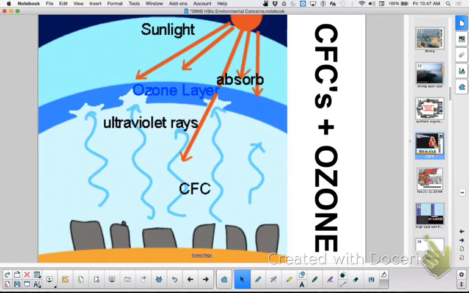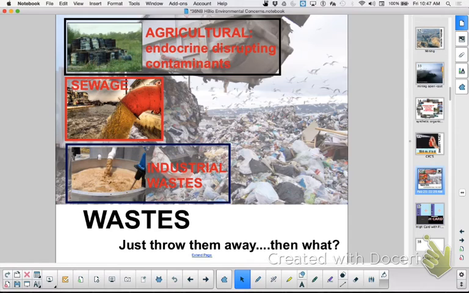Could you describe the 3 main wastes we generate all the time? Write this down: sewage, agricultural, and industrial.